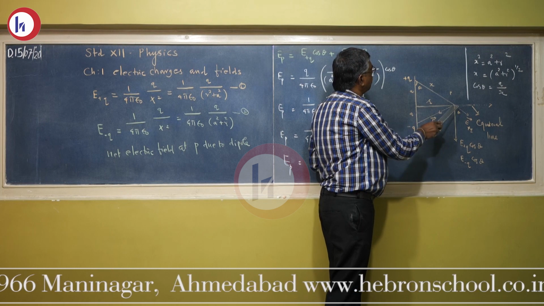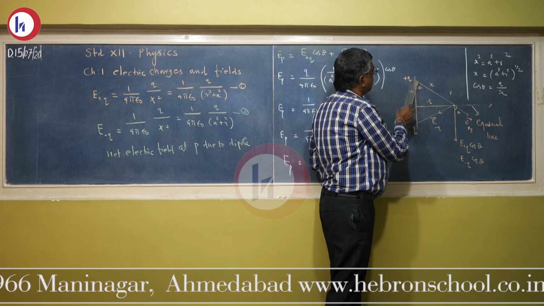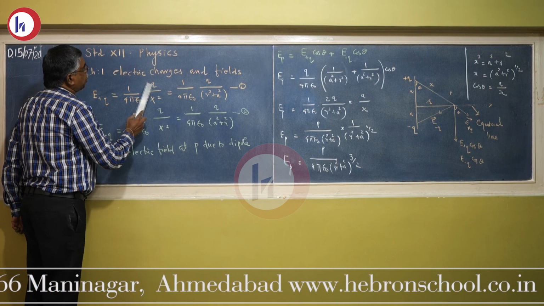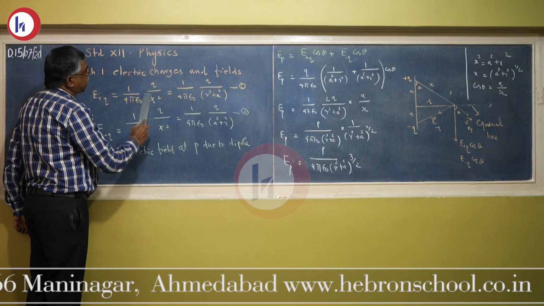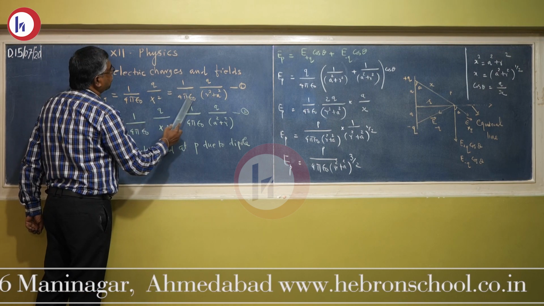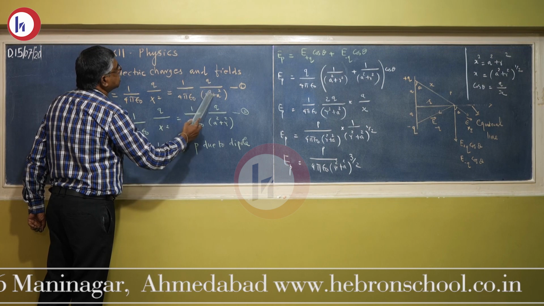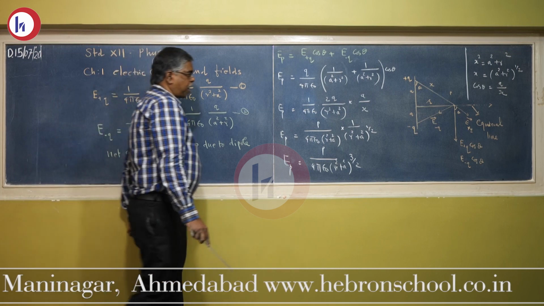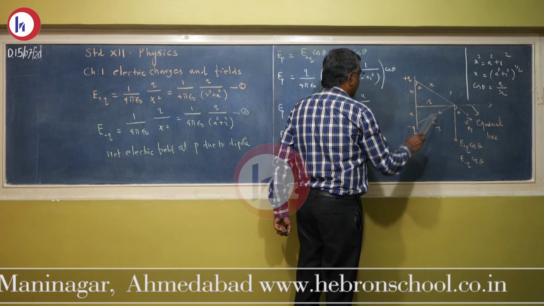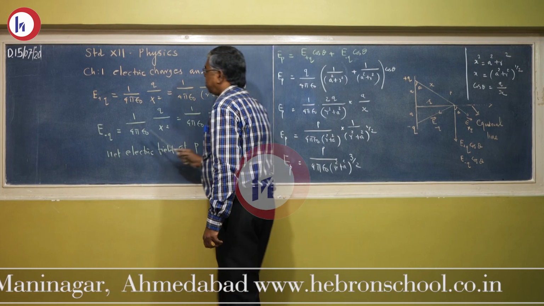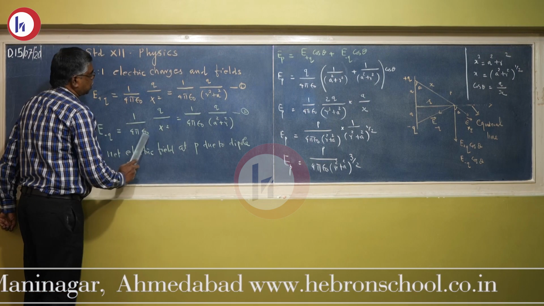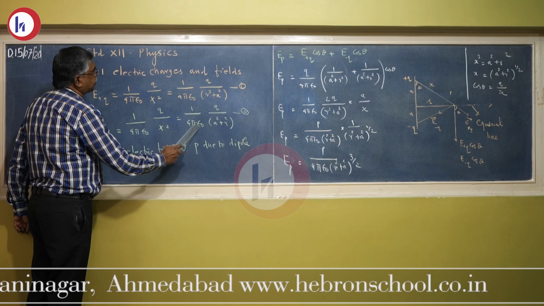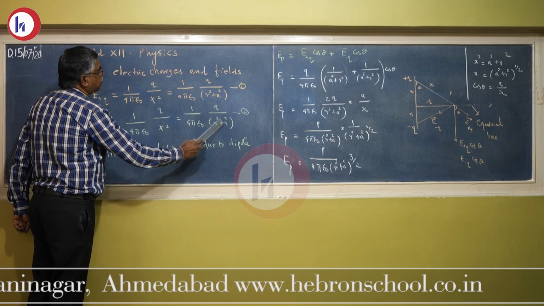The electric field at the point P due to positive charge is given by 1 upon 4 pi epsilon 0 q upon x square, which can be written as 1 upon 4 pi epsilon 0 q upon r square plus a square. Let it be equation number 1. Next, electric field at the point P due to negative charge is given by 1 upon 4 pi epsilon 0 q upon x square. This can be written as 1 upon 4 pi epsilon 0 q upon a square plus r square.